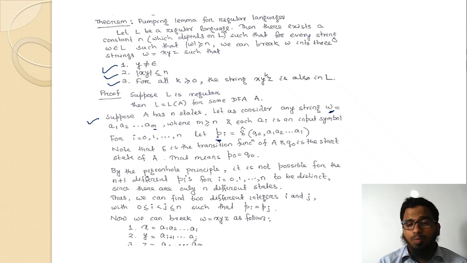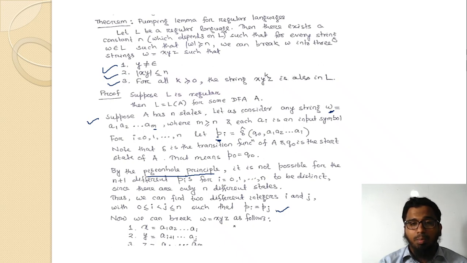By the pigeonhole principle, it is not possible for the n plus 1 different pi for i equals 0, 1, and so on to be distinct, since there are only n different states. Thus we can find two different integers i and j with 0 less than or equal to i less than j less than or equal to n, such that pi is equal to pj.